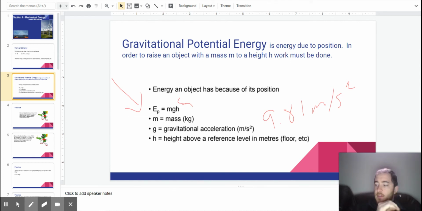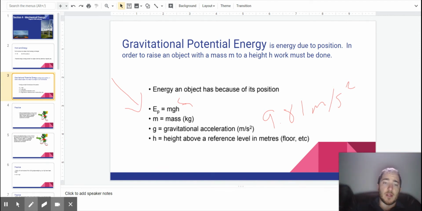Okay, so if you look at the top of page 41, it has those written out for you. For example, mass equals potential energy over gravity times height. Height equals potential energy over mass times gravity. Okay, so you can rearrange the formula in order to answer your questions.